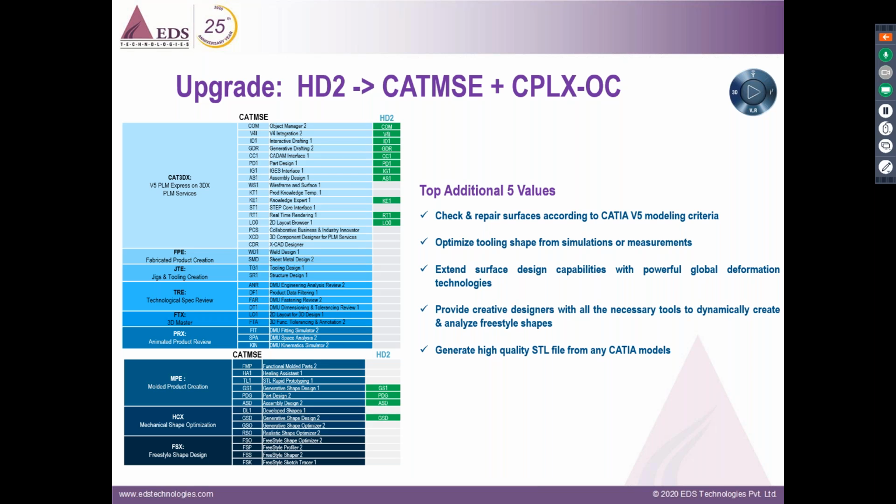It starts with Generative Shape Design 2 configuration, and then all the capabilities of hybrid design along with STEP core interface, and then you can see the complete list of modules on the left side. Whatever is highlighted in green is only HD2, and there are more than 20 modules available as a part of this package, which will be extremely beneficial for you in terms of your digital journey.